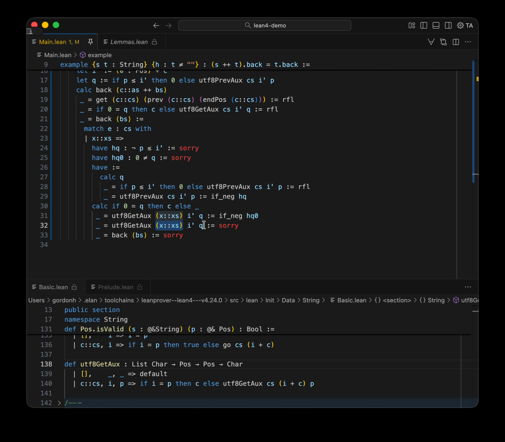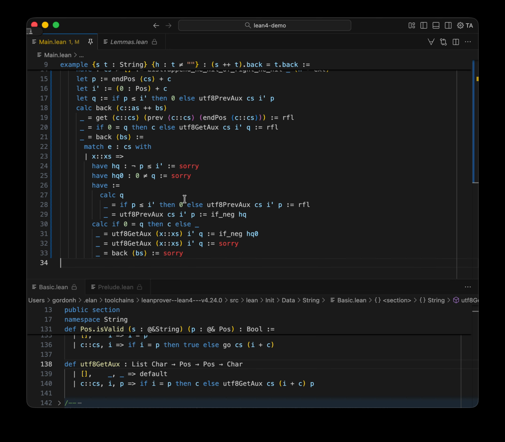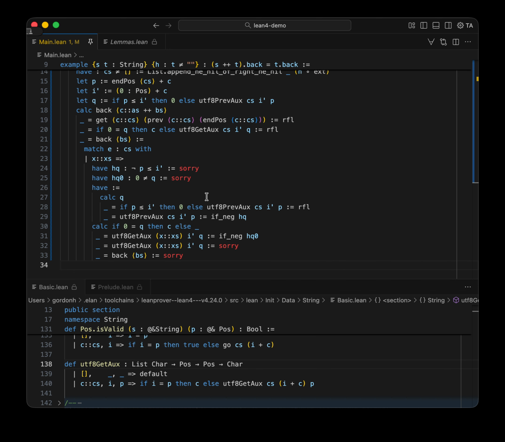Let's just keep it like this. How am I going to proceed? Let's for the time being see what we have here. Can we further reduce this?